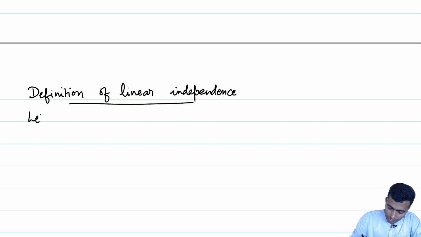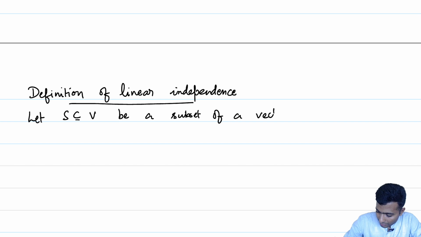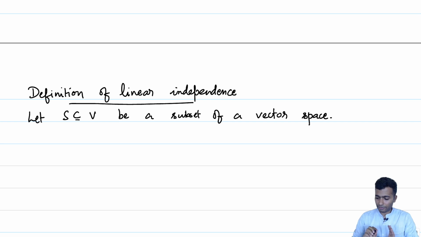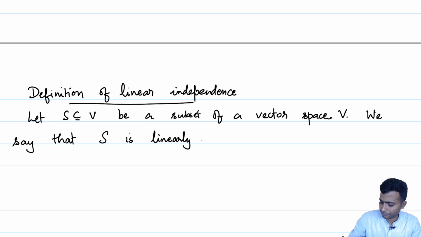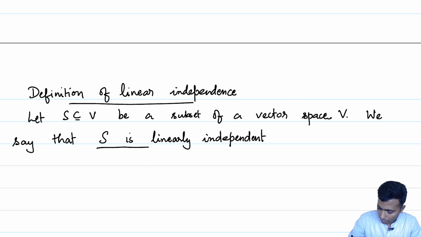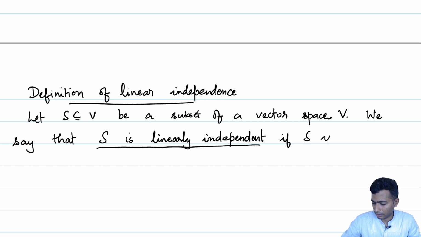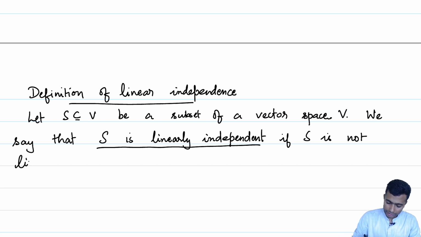So, let S contained in V be a subset of a vector space V. Notice that we have not demanded that S be finite, we have not at all demanded that. We say that S is linearly independent if S is not linearly dependent.